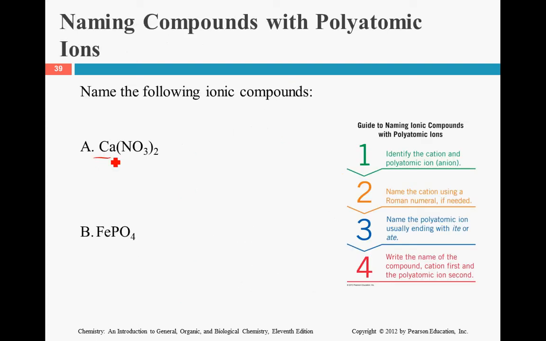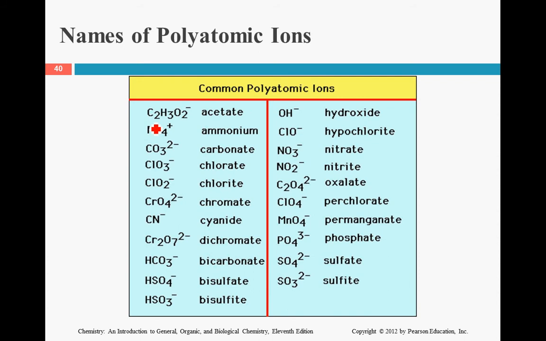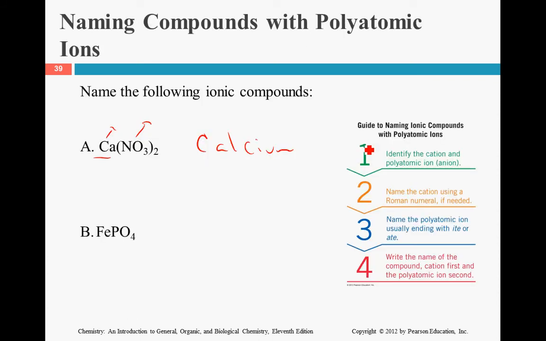So, Ca is calcium. We identify the cation and the polyatomic anion. So that's calcium. NO3, we've been talking about, is nitrate. So, does it need to have a Roman numeral? Well, let's take a look.